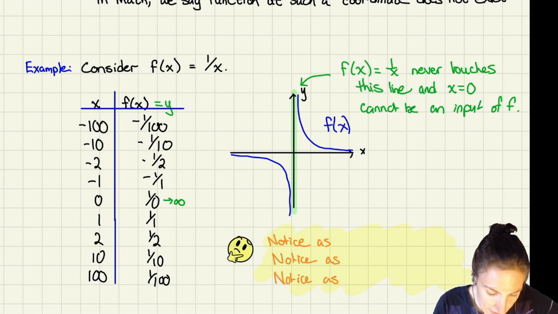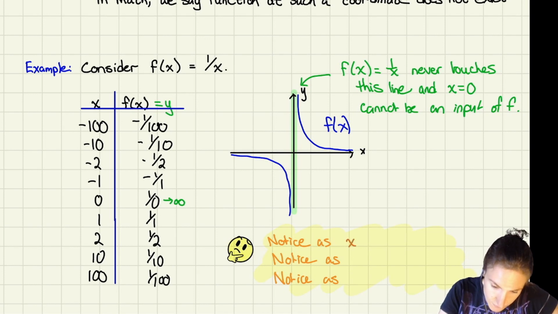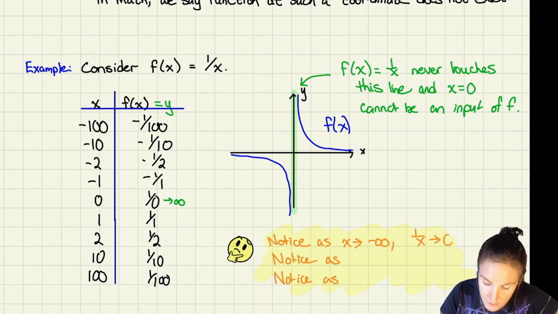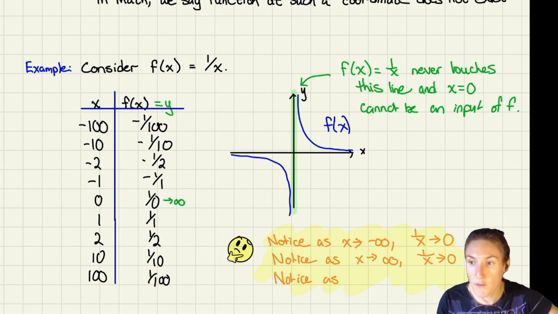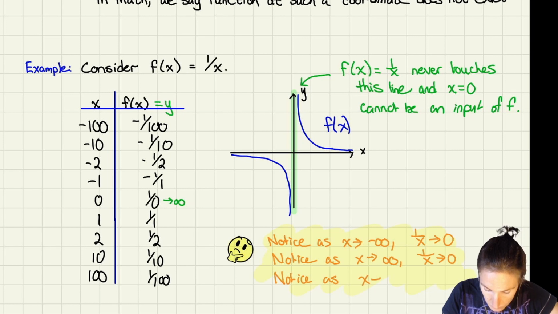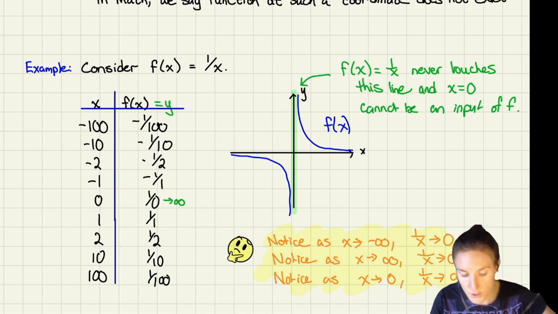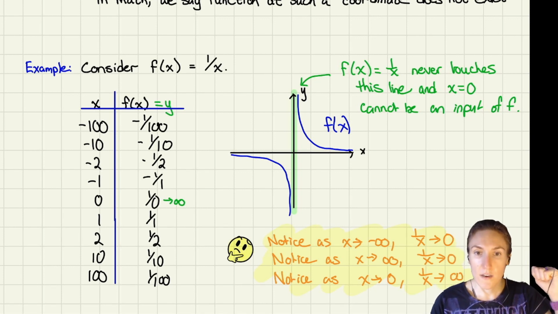So what did we say there? We said, notice that as x goes to infinity or negative infinity, our 1 over x goes to 0. However, as x goes to 0, our function is going to go to infinity.